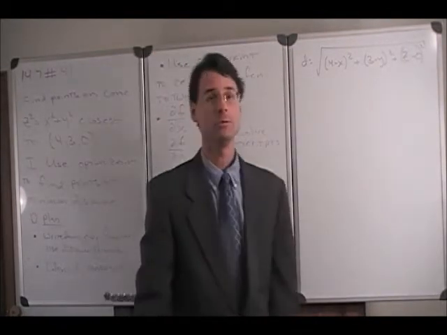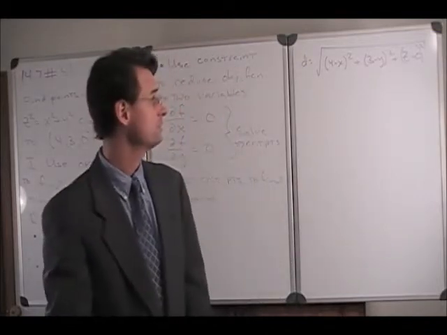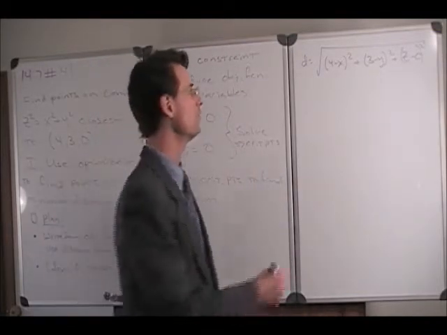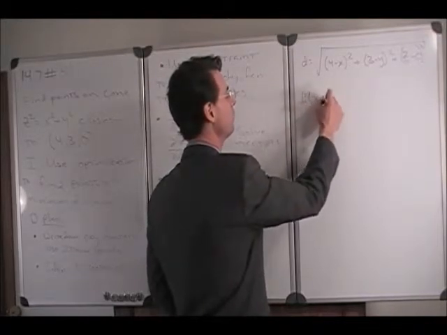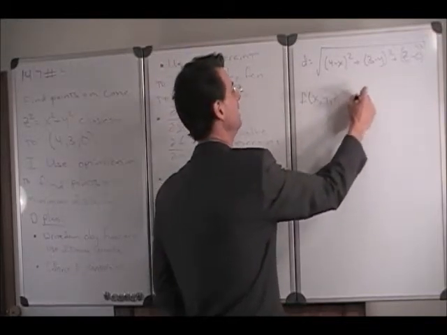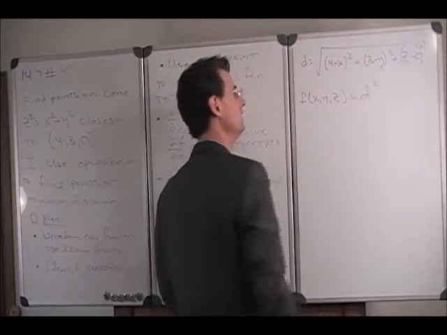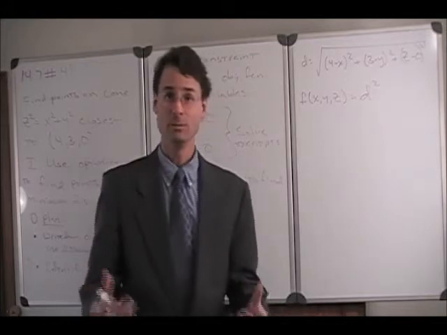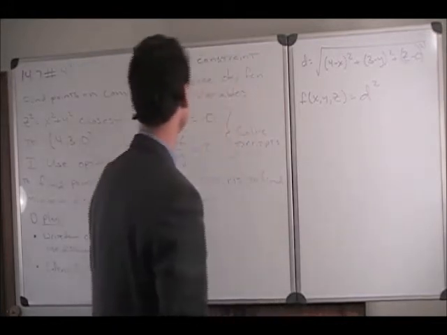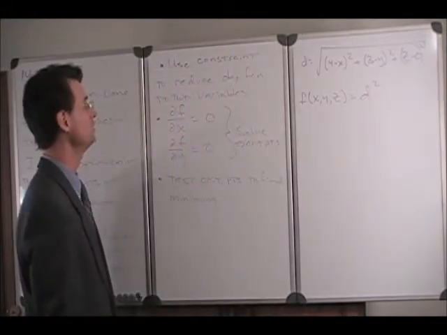That's the common distance formula. But what if we let our objective function f of x, y, z equal d squared? Now we no longer have to handle the square root in all of our computations.